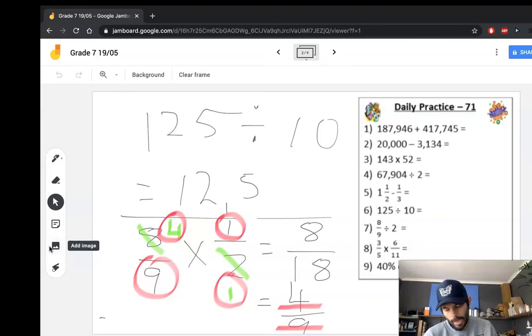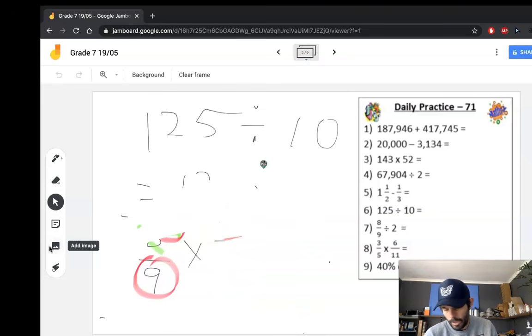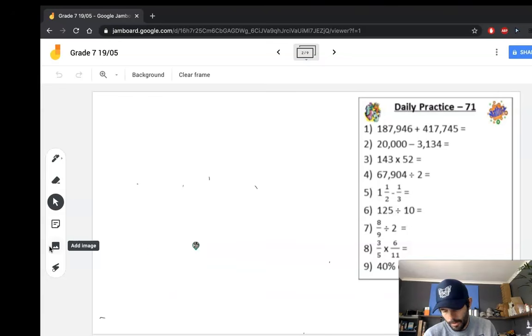Okay, then straightforward multiplication of fractions next, and that's going to be 3/5 multiplied by 6 over 11.